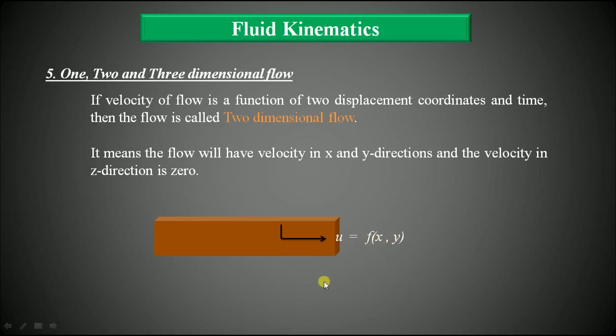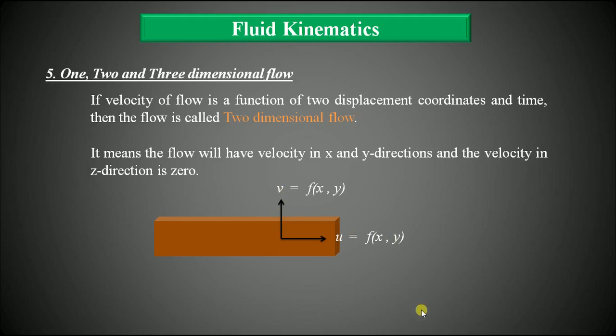And it can have the velocity in y direction because the depth I have given for the flow field is more. So in that condition we cannot neglect the velocity in y direction. So that is why we need to consider two displacement coordinates whenever you consider the velocity. So u is a function of two coordinates and v is also a function of two coordinates.